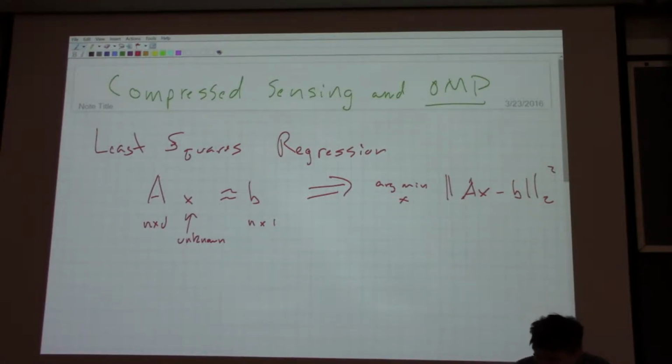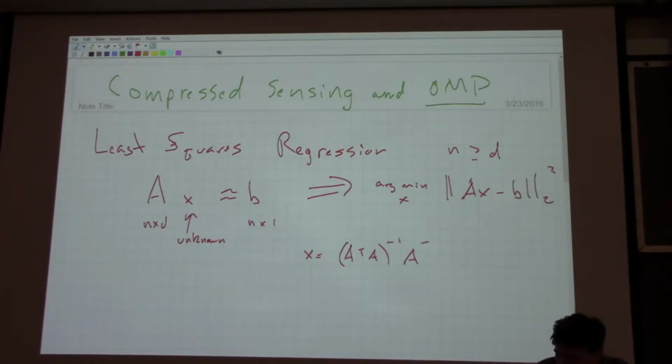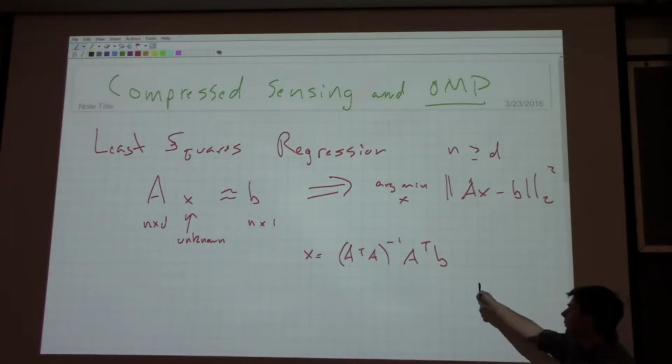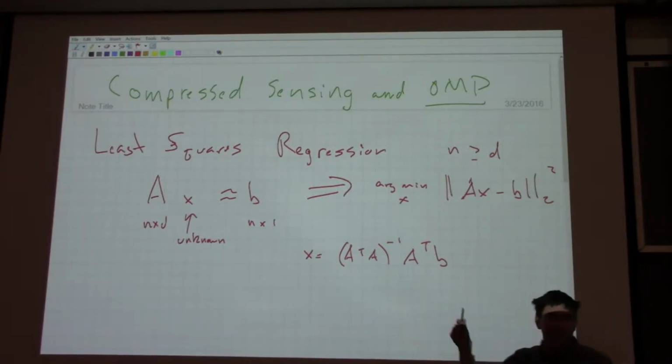And this makes sense when n is bigger than or equal to d. In that case, you can solve for x as (A transpose A) inverse A transpose b. It's not quite right, I might be mixing up the transposes, but there's some solution for this. You can write this down.